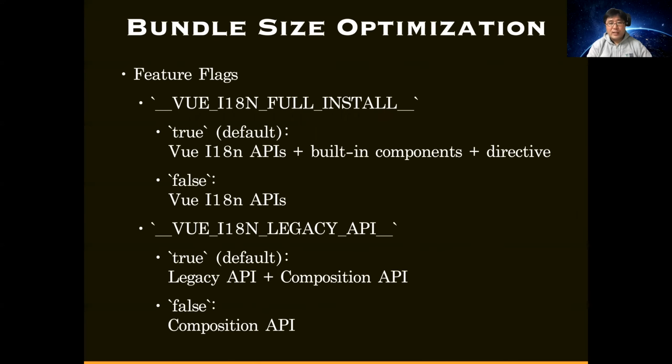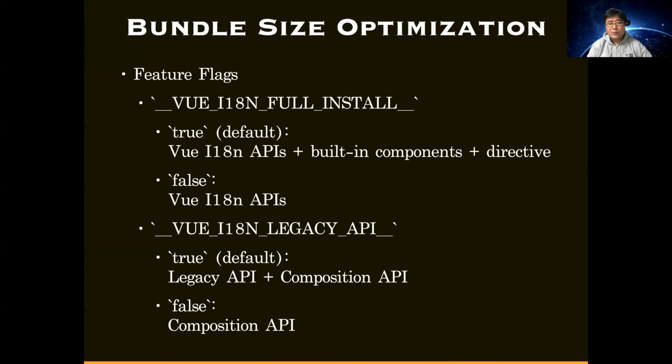Vue I18n version 9 also provides another way to reduce the bundle size by using feature flags. Vue I18n version 9 has two feature flags to optimize bundle size. One is the full install flag, and the other is the legacy API flag. Full install is true by default. It installs the composition API and legacy API, the built-in components, and the custom directive.